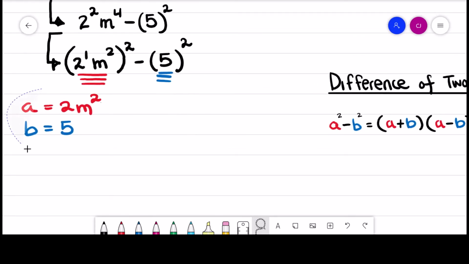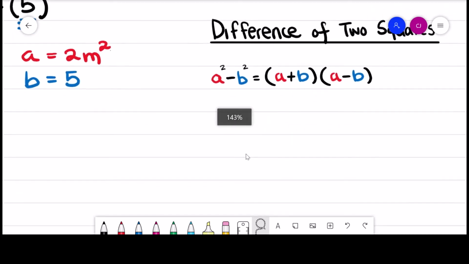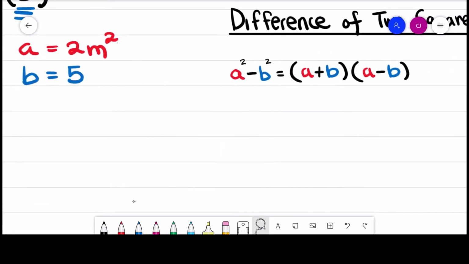So my polynomial was 2m to the 2nd power, to the 2nd power, minus b, or my value of 5 to the 2nd power.